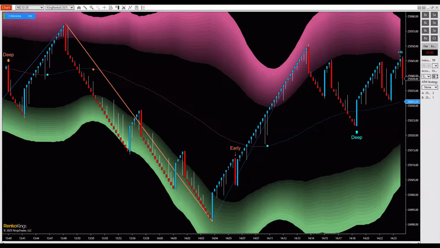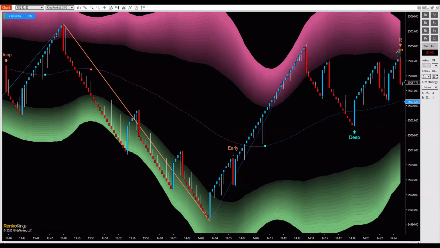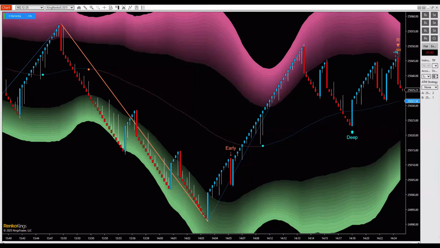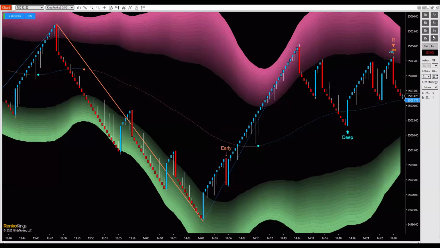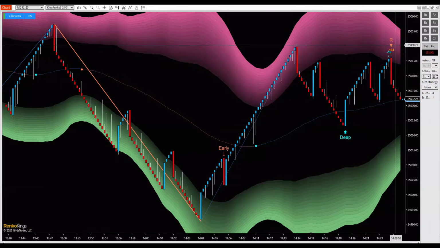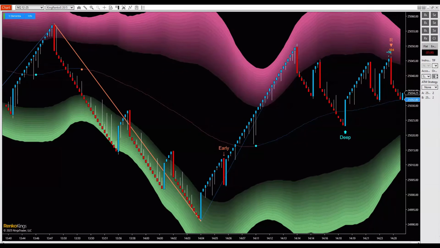Tips on the wicks that get on your nerves. So the King Renko bar is just reversal. Ah, there it is. Reversal. Hold on, let me talk about the reversal trades.